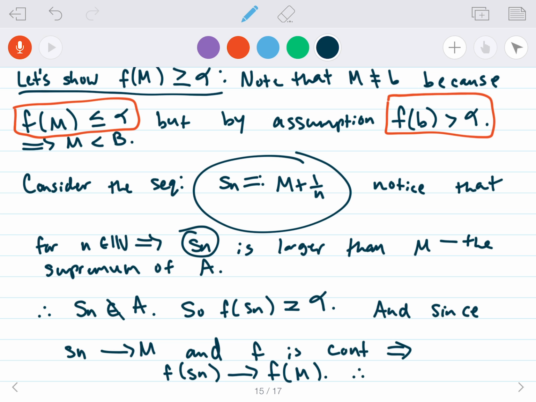And therefore, f of m is greater than or equal to alpha. And so we have both directions. We have that f of m is less than or equal to alpha and that it's greater than or equal to alpha. So f of m is equal to alpha, and this proves the intermediate value theorem.